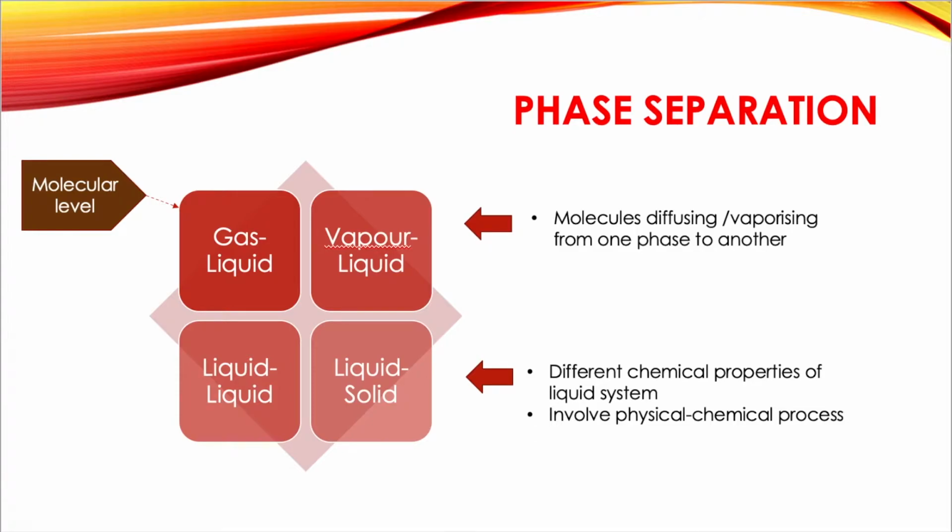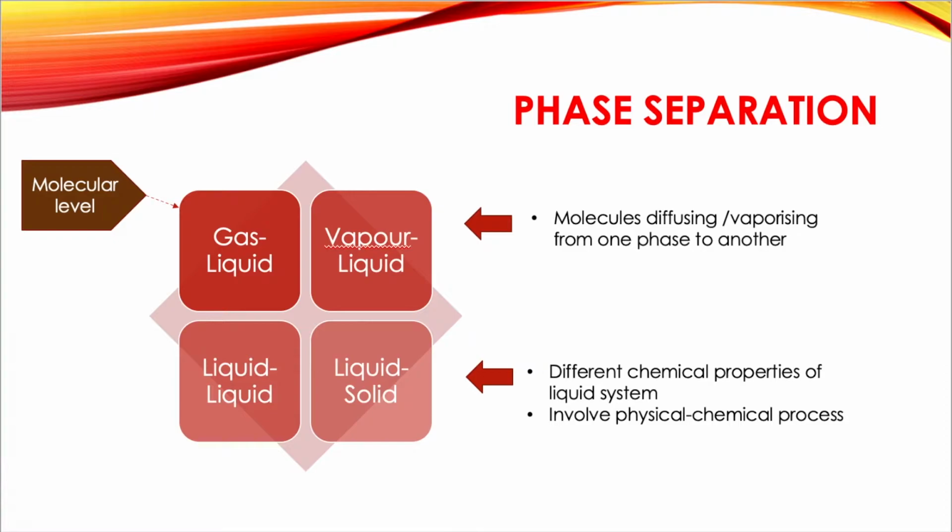Filtration is actually a process that involves separation, and it involves a phase separation. It can be between gas and liquid, vapor and liquid, liquid with liquid, and liquid and solid. And this separation process involves the molecular level of the materials.